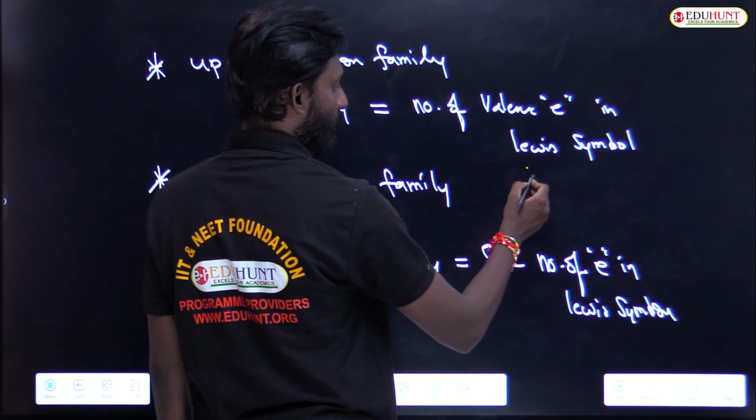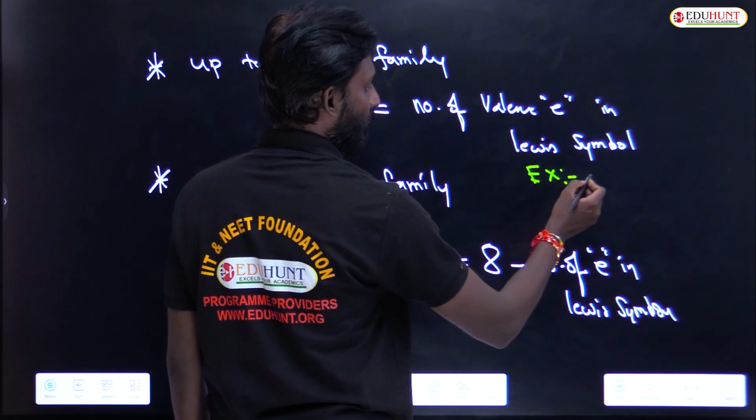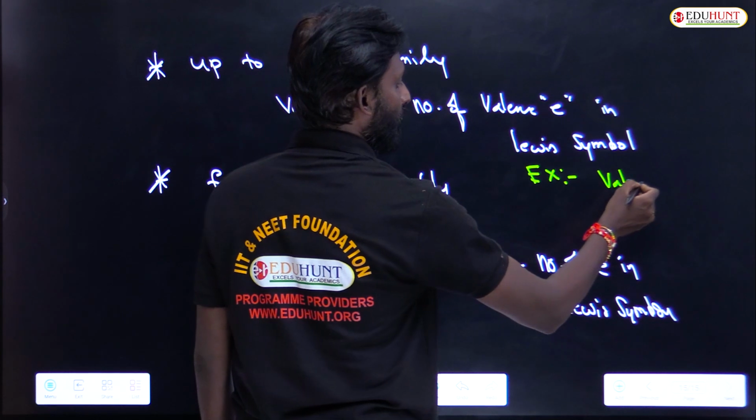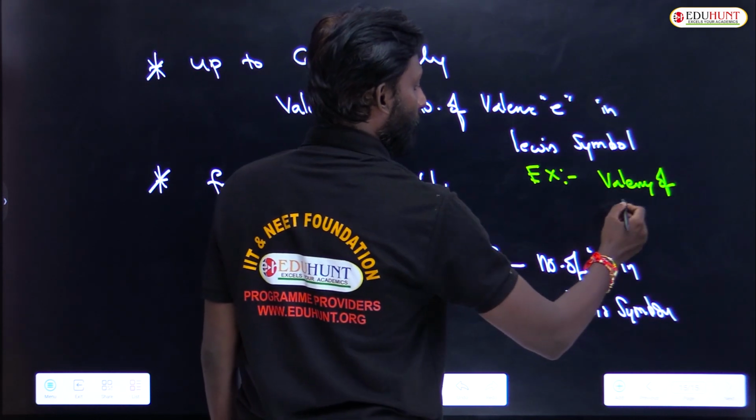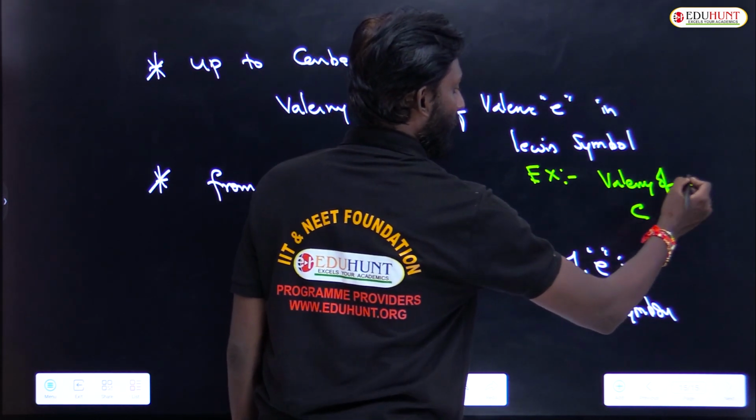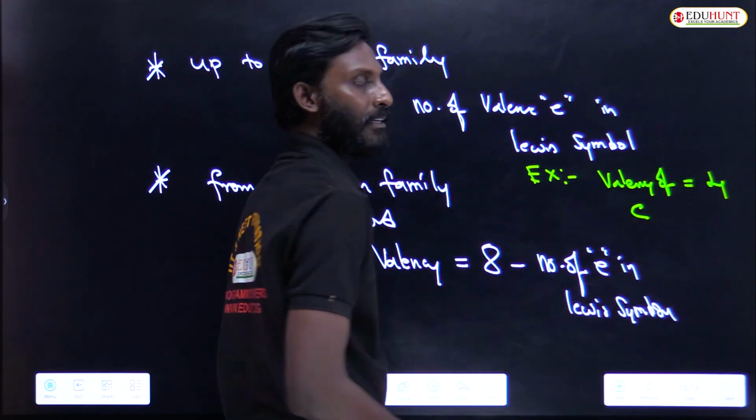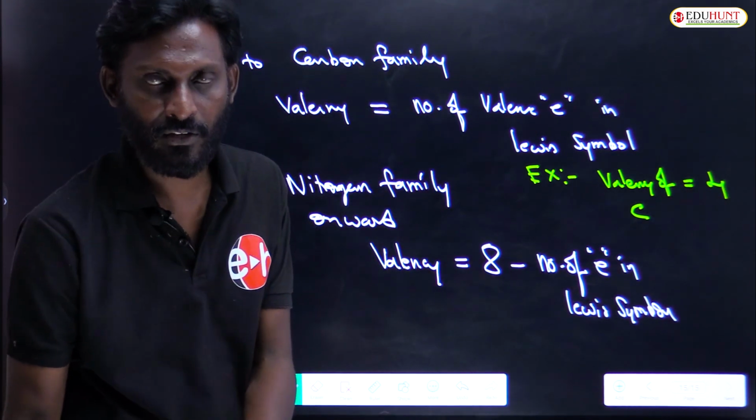One example I will write here. Example: valency of carbon is equal to 4. Why? Carbon has 4 valence electrons, valency also 4.